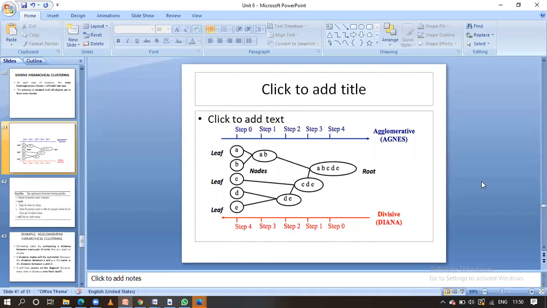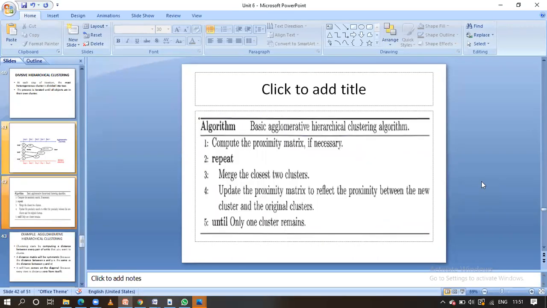Let us see the algorithm for this, the basic agglomerative hierarchical clustering algorithm. The first and foremost step is to compute the proximity matrix. The next step is to merge the two closest clusters.